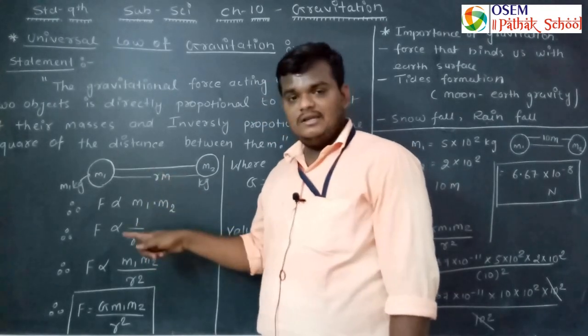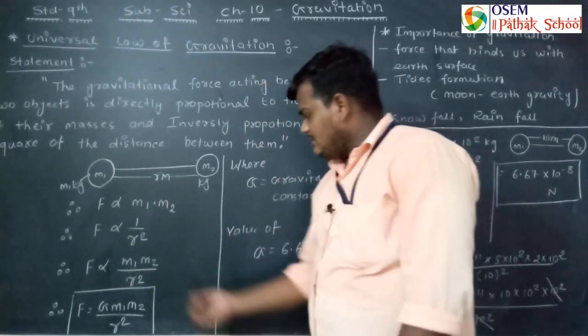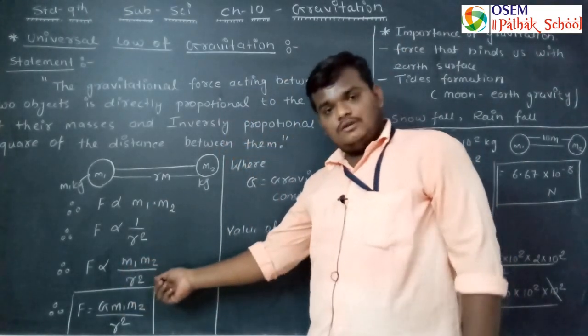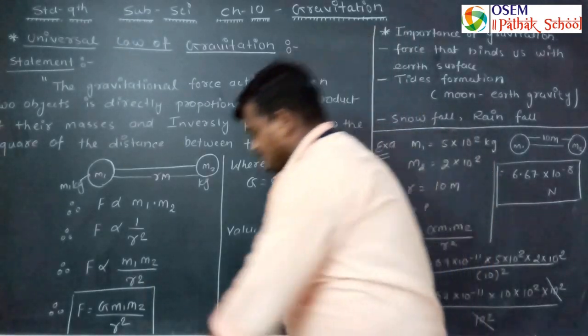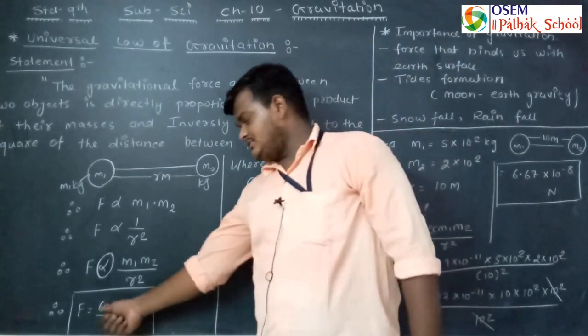We can finally conclude that F is directly proportional to the product of their masses and inversely proportional to the square of the distance. So we can remove this proportionality, I have to put here a constant.